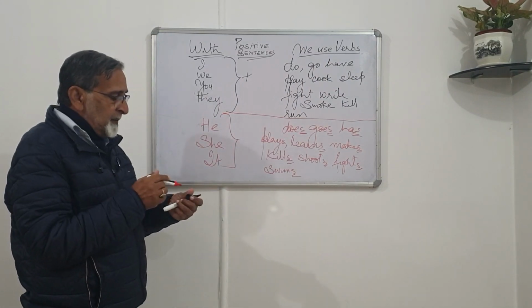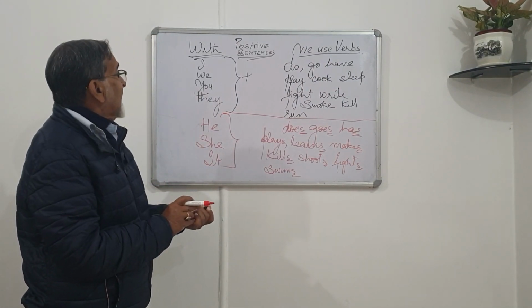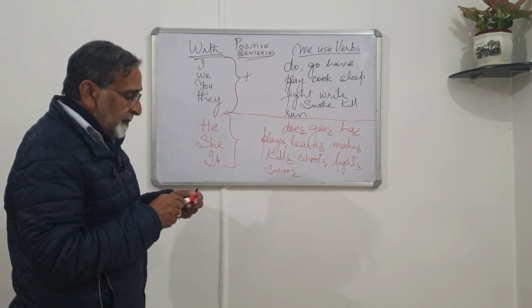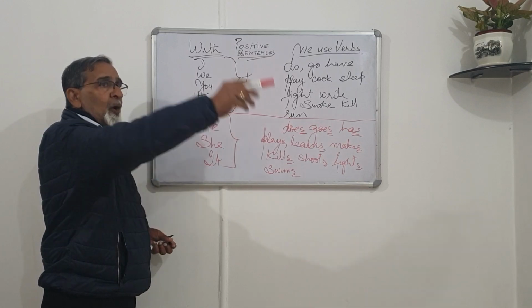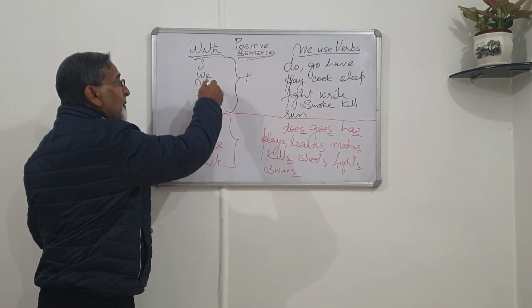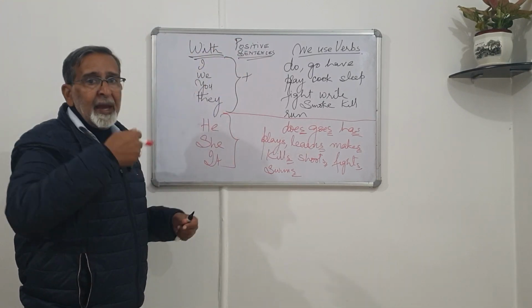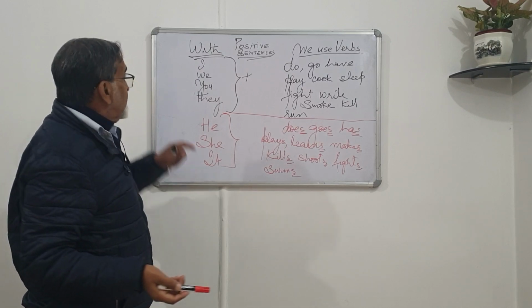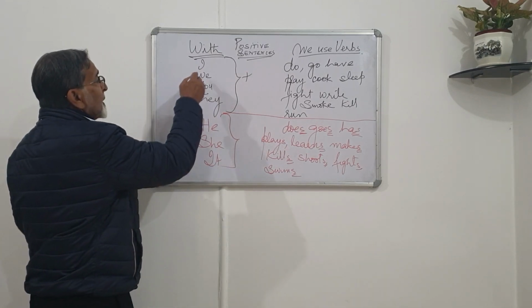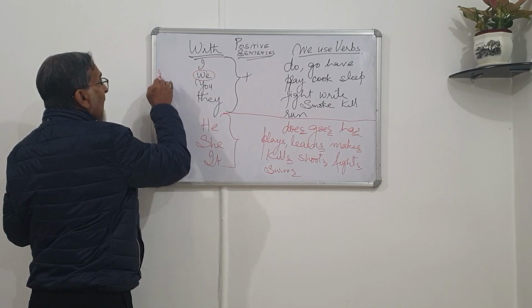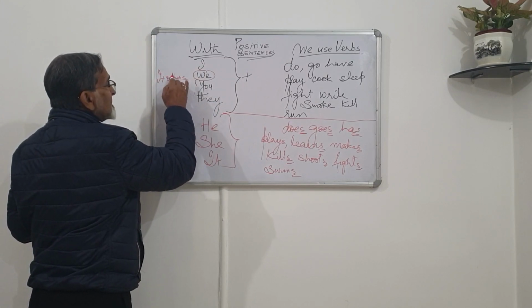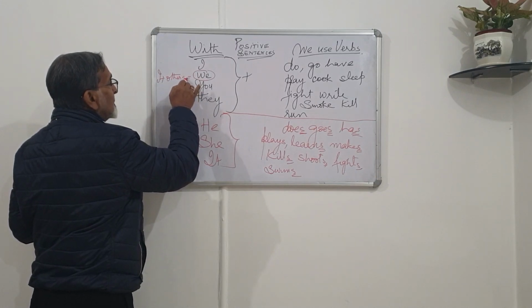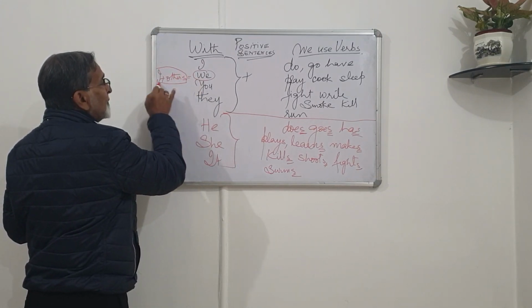Now here you have to remember, you have to realize what is I? You have studied in pronouns. They is all others. You is you. We is I plus others. Keep We in mind. I plus others is equal to we.